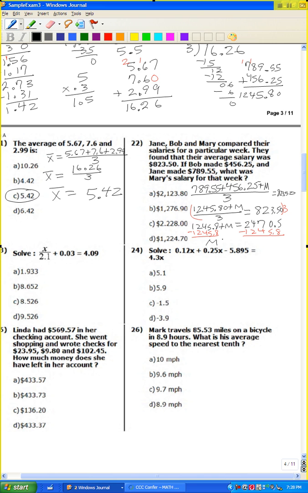So you found that Mary has a weekly salary of, so that's 7, let's add the 0, 5, 2, 1. So 1,220.